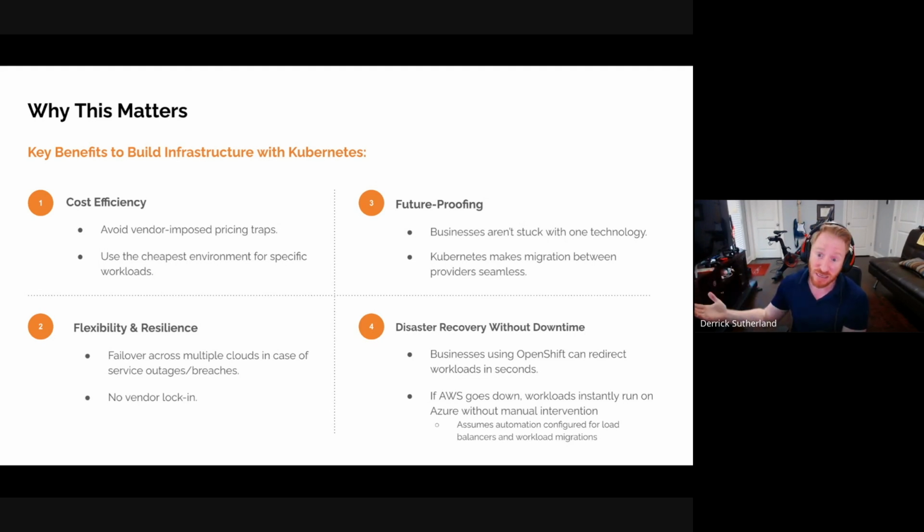And then in the event that you have a failover event, it's as simple as calling that cluster's node groups to scale up to meet the load of your new workloads and redirecting your load balancers, which again can all be automated with Ansible.